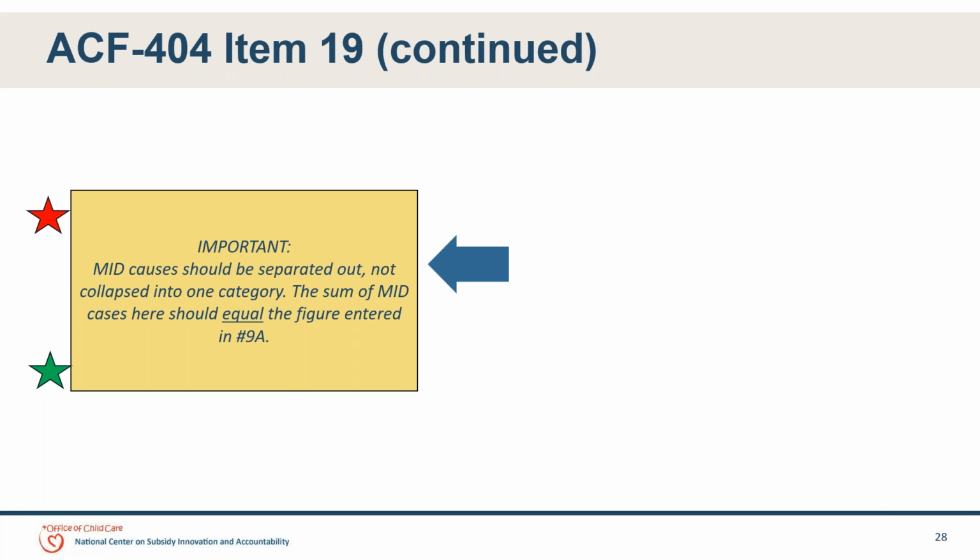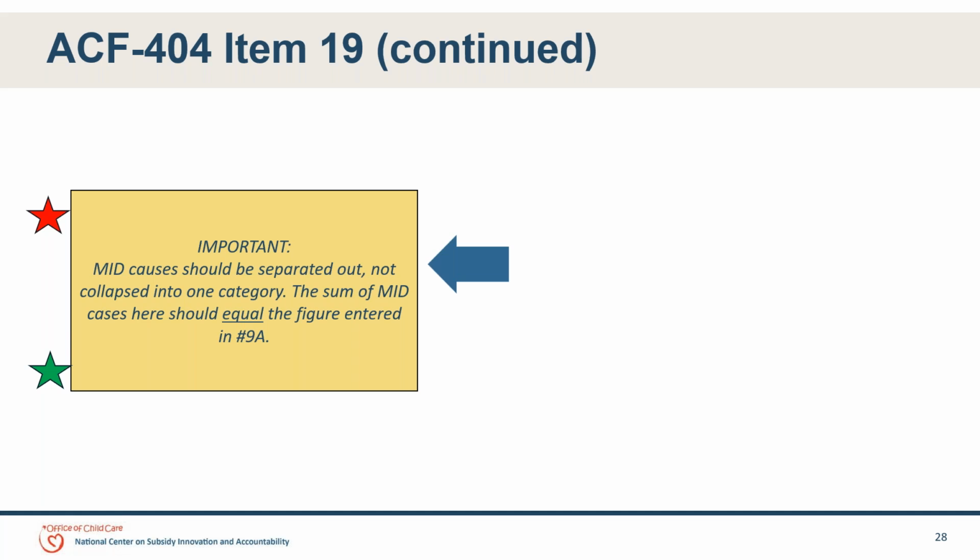We have a few very important tips on completing item 19. All right, so again, you're going to be listing out your error causes and telling us how many cases you had with each error cause. Make sure that for missing or insufficient documentation errors, the causes are separated out.